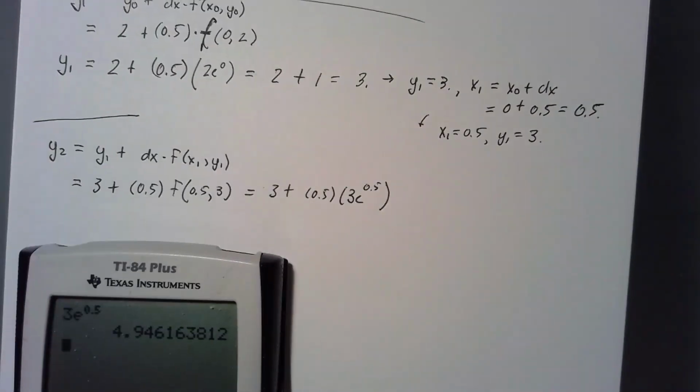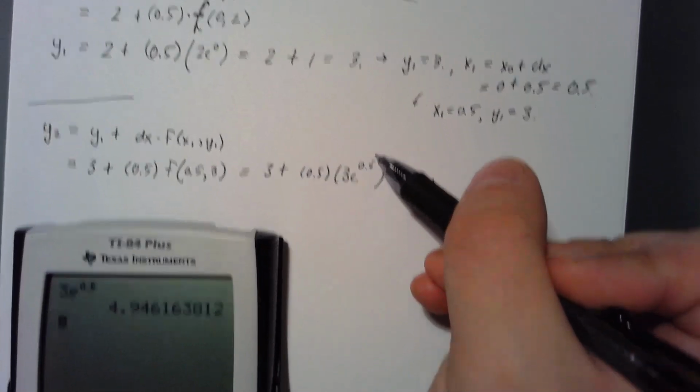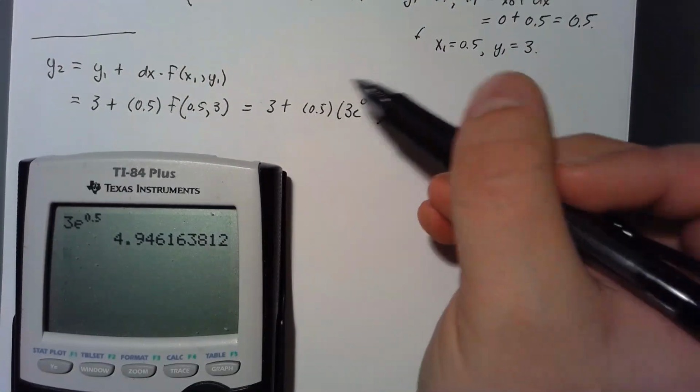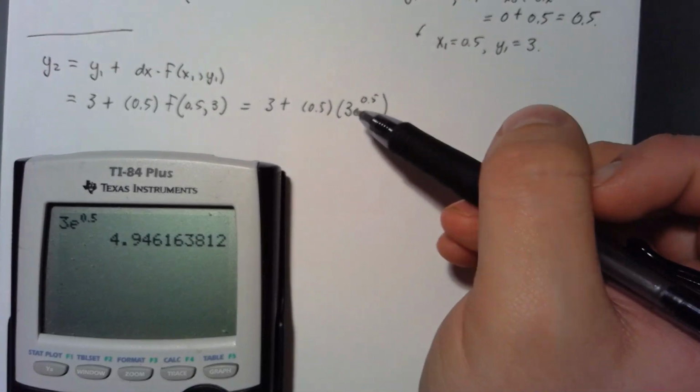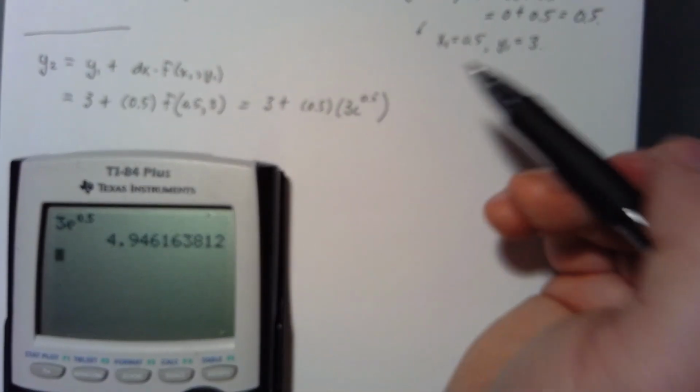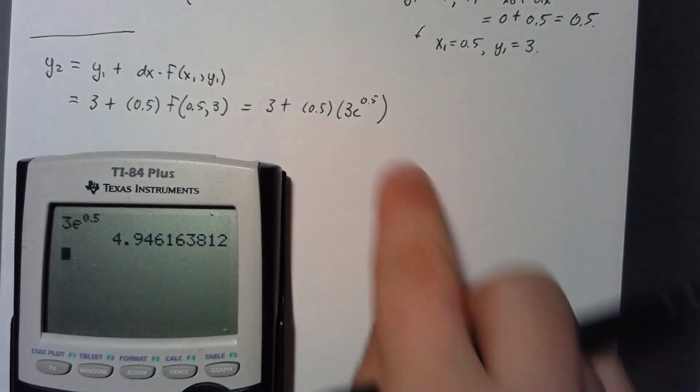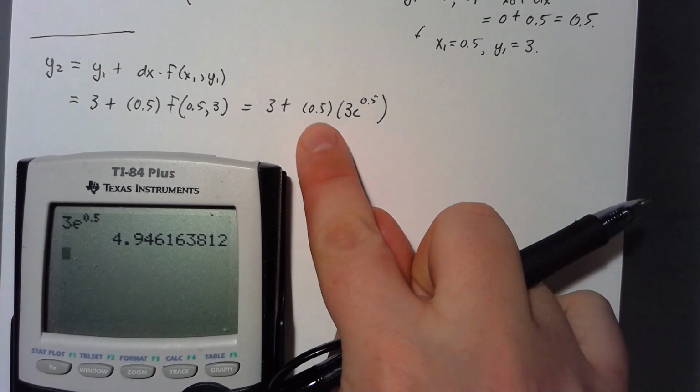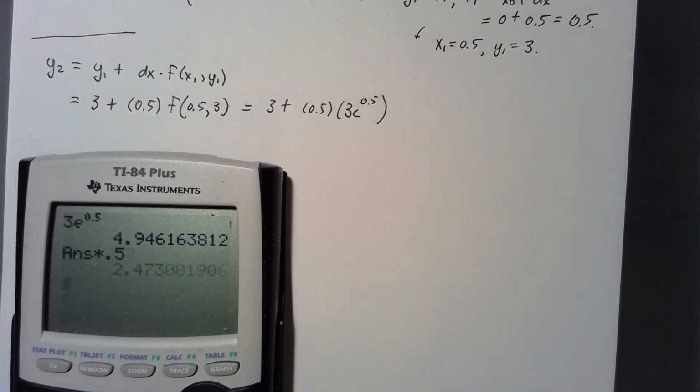I'll use this value in here, but rounding the whole answer to 3 or 4 decimal places really doesn't matter. So that's this value. Multiply that by 0.5. I get that. And then add 3 to that.